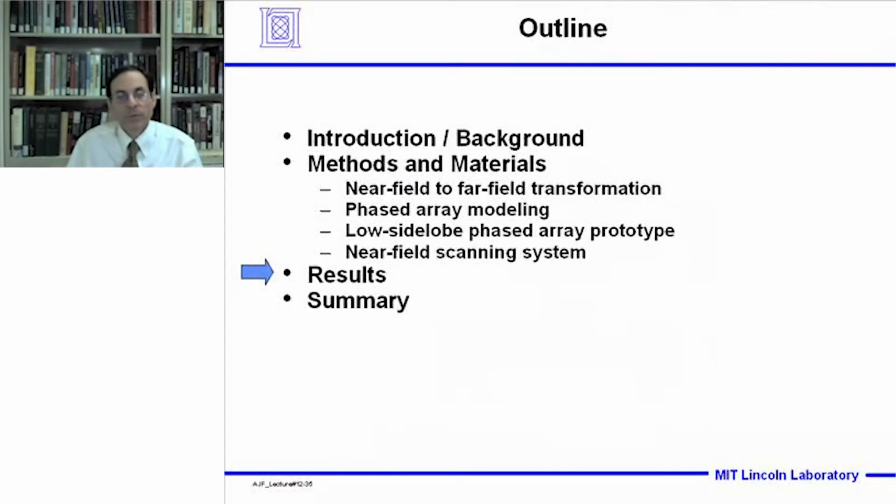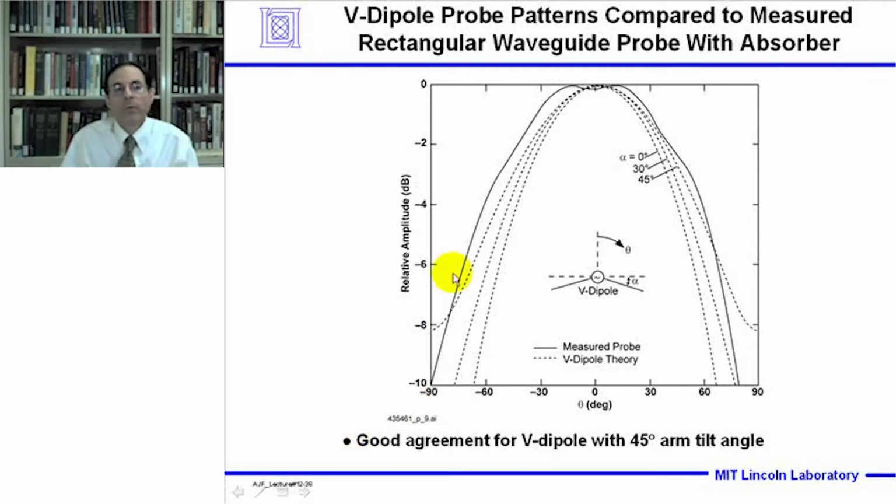So let's show some results. This slide shows the V-dipole probe pattern as a function of the tilt angle of the V-dipole compared to the measured radiation pattern of the rectangular waveguide probe. The solid curve is the measured radiation pattern of the rectangular waveguide probe with the absorber.